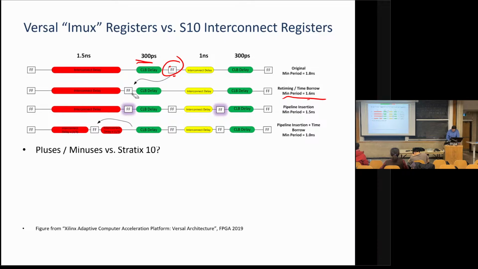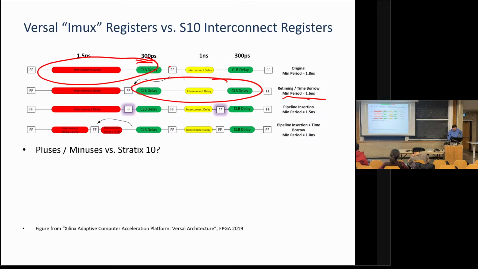I don't know how they got 1.6. This is 1.5. Oh, I see. This side is 1.6. Okay, so they're limited by that. So they've retimed. They've made use of the fact that they can move this to the inputs. They get a little bit better critical path because it went from here over to here, and that's 1.6 instead of 1.8.